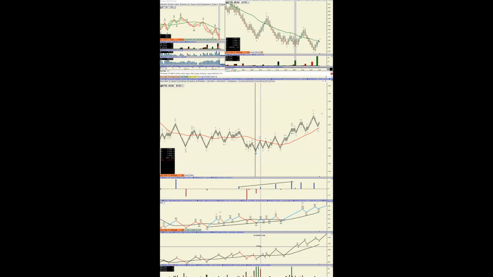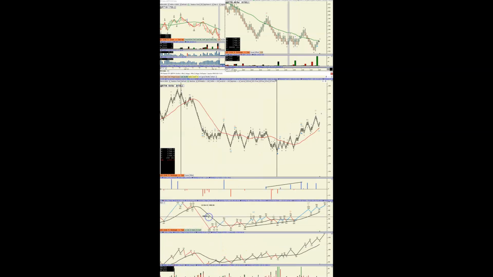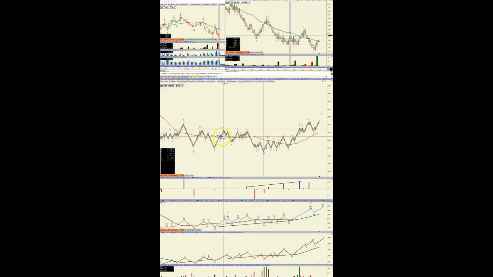Like, for example, right here where it goes up on 7 minutes and 84, there's something. What do you think is going on here? It's getting ready to turn. Why?